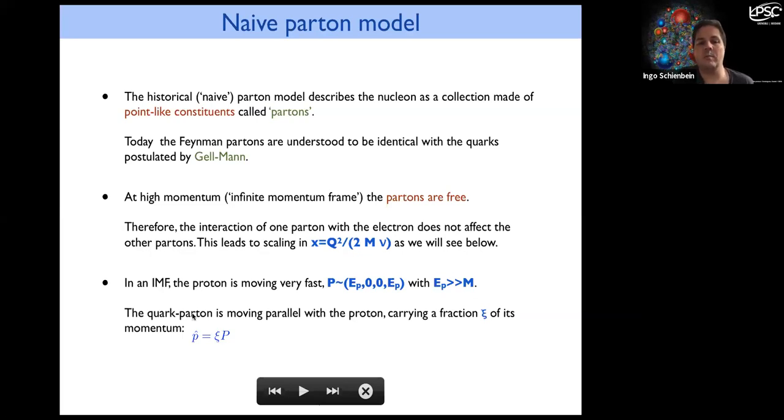And then the quark parton is moving parallel with the proton, carrying a fraction xi of its momentum. As we will see later today, the naive Parton model is of course replaced by QCD factorization theorems, but the basic kinematic picture remains important and relevant.